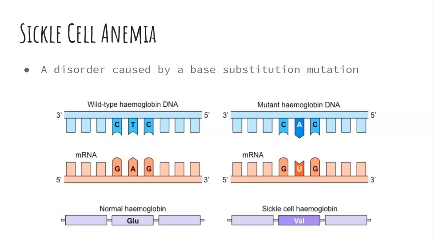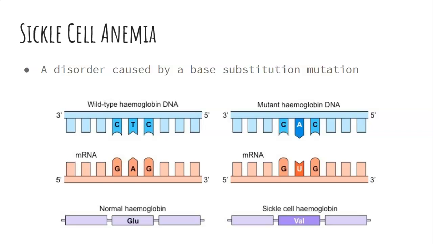Now, sickle cell anemia is an important disorder that we're going to study in more than one way. Sickle cell anemia causes an irregularly shaped red blood cell, which affects people's ability to fight off other diseases like malaria. But what this slide is really focusing on is the mutation that causes sickle cell anemia.